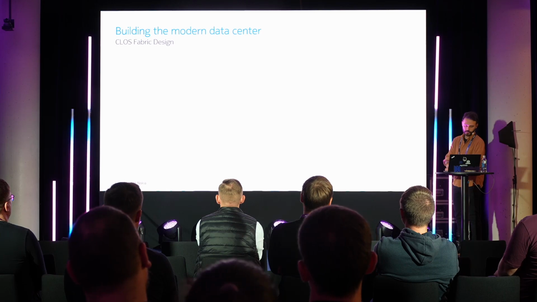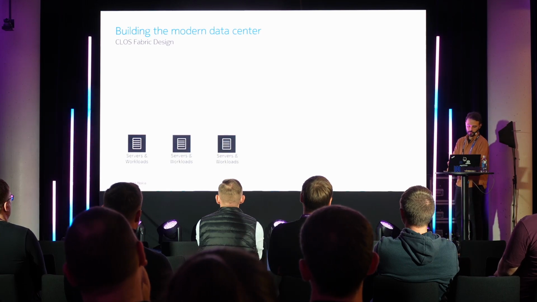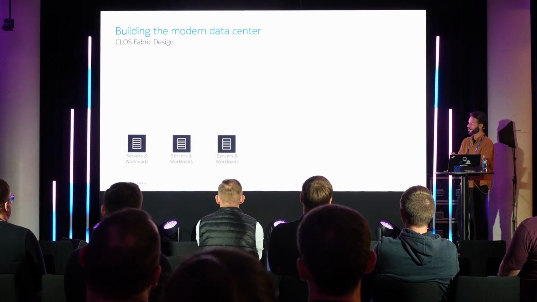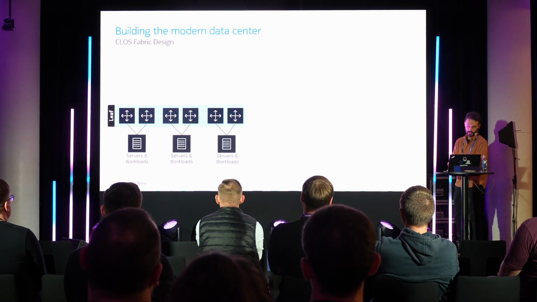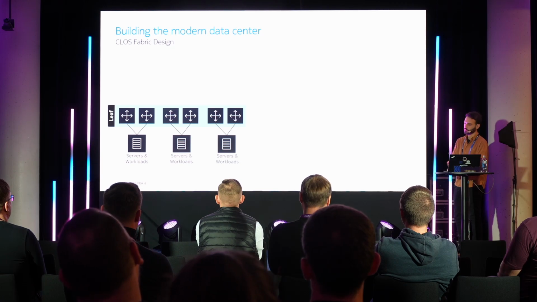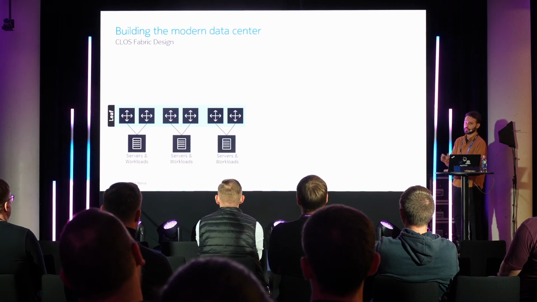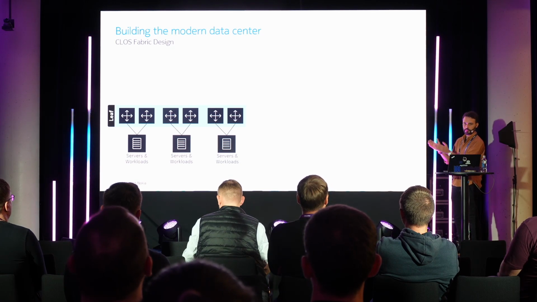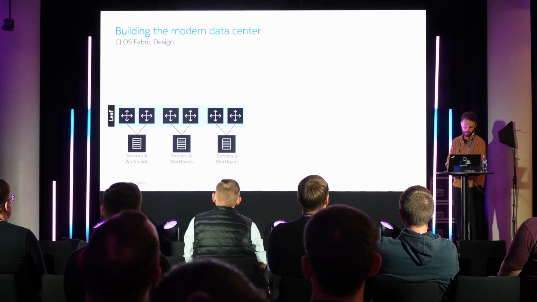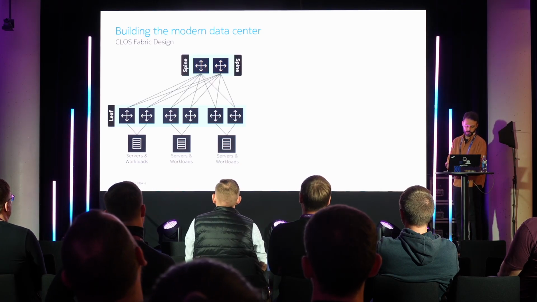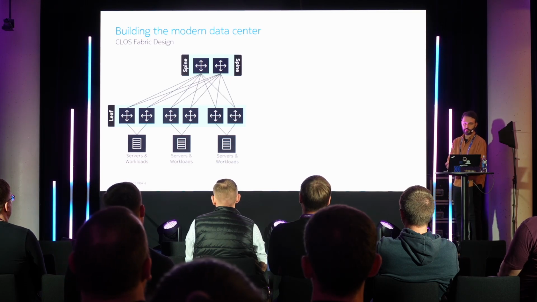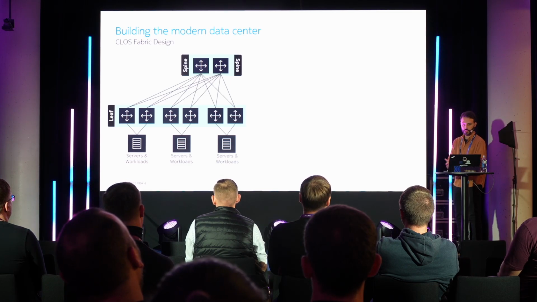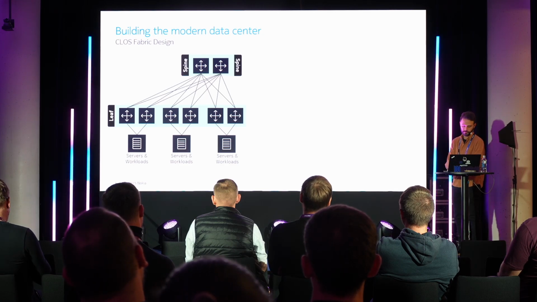If you look at the modern data center, we have a bunch of servers and workloads, where we run our OpenStack or Kubernetes clusters or bare metals. They are typically attached to leaf switches, named top of rack switches, or middle of row. They are multi-homed to these leaf switches. All the leaf switches are attached to a spine layer. Spines are the aggregation layer for all switches.